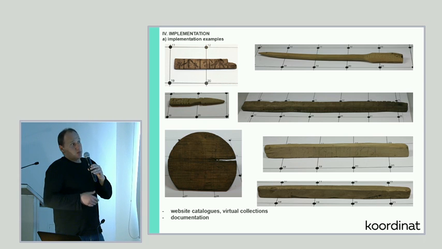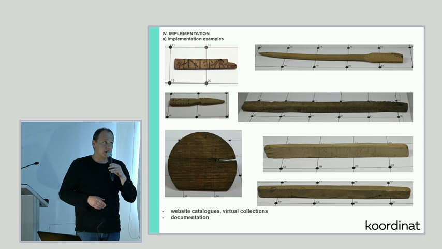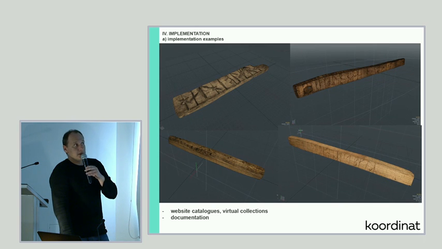So the method was photogrammetry, but the purpose was not the documentation, but actually to support the website catalogs and virtual collections, and of course to put them on the touch screen as a part of the exhibition. And that's the rendered screenshots from the 3D space, how they look like.